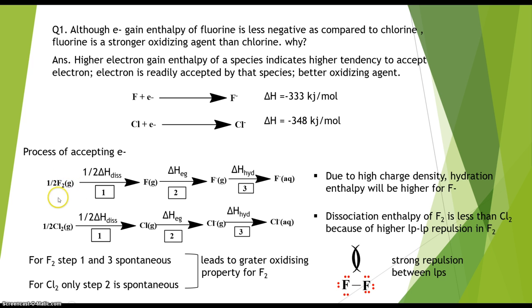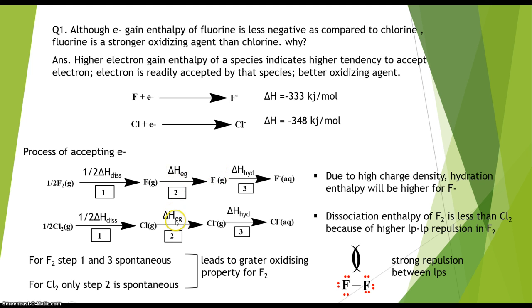In the first step, the molecules of fluorine and chlorine dissociate to give single atoms of fluorine and chlorine. In the second step, fluorine is accepting electron and converting into F minus, and Cl is accepting electron and converting into Cl minus.